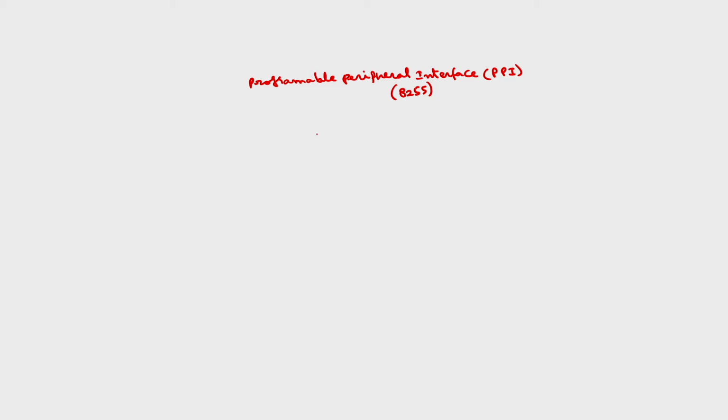Okay. So, 8255 is basically a 40-pin IC with 3 ports called port A, port B and port C. Each port can be programmed as input or output port, because we can use an input device as well as an output device to communicate with the microprocessor.